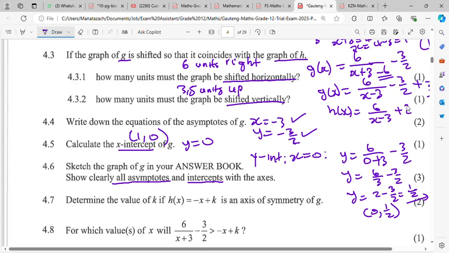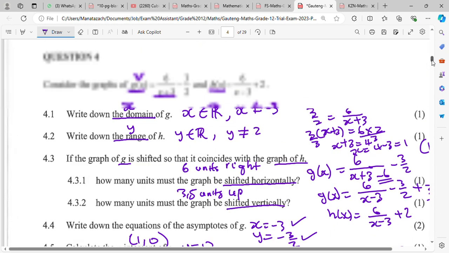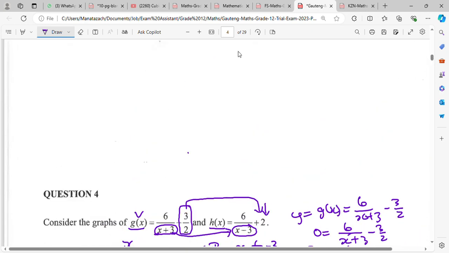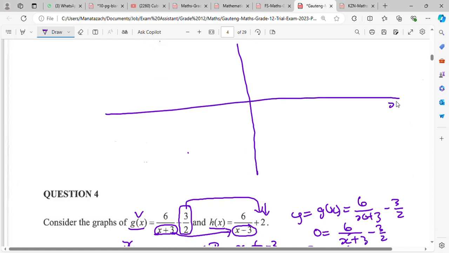So now let's just move up where there is a bit of space to draw a graph. So you're just going to plot the y-axis, the x-axis, like that. And then remember, the asymptotes, you said it's minus 3. So somewhere here you have the x asymptote of minus 3, and then the y asymptote is minus 3 over 2.